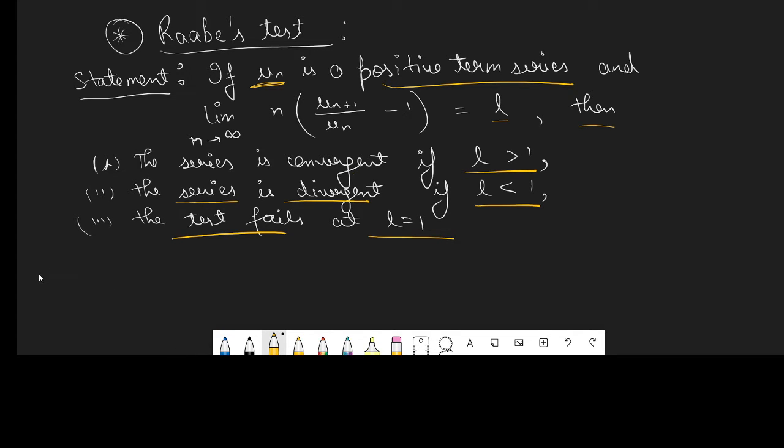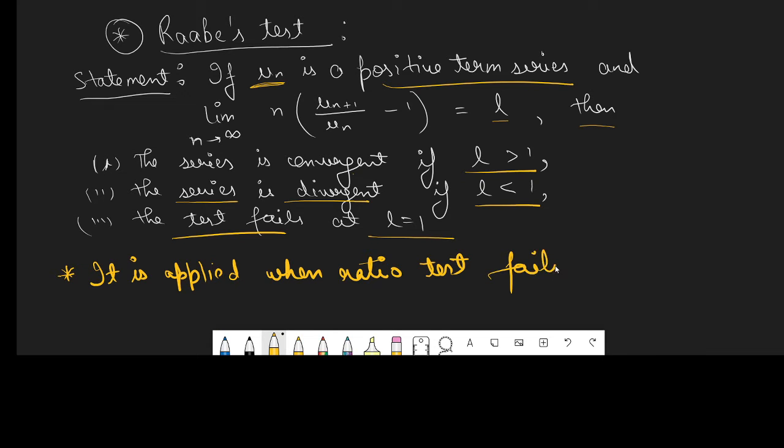And one more thing that is important in Raabe's test is that it is applied when the ratio test fails. Ratio test fails, then we'll apply the Raabe's test.